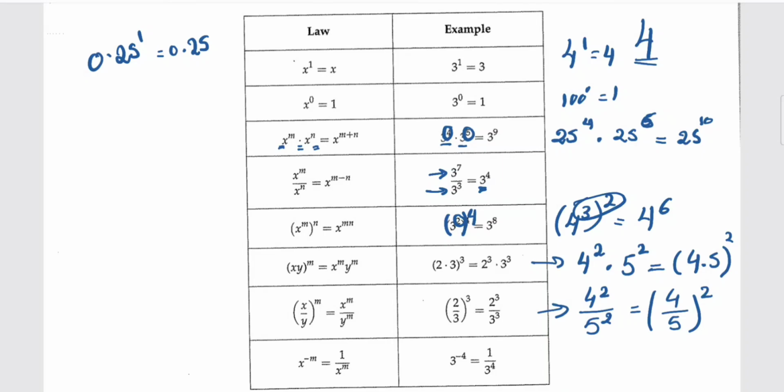Okay, and this is the last and important rule in this part: the negative power. The negative power makes a reciprocal. You have to find the reciprocal of the number. If you have x to the power negative m, how do I remove the negative power? I don't like the negative power, so I want to remove it. How do I remove it?